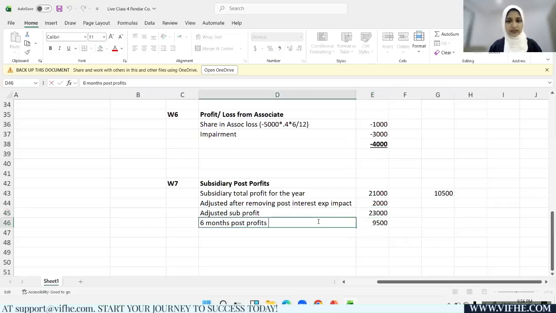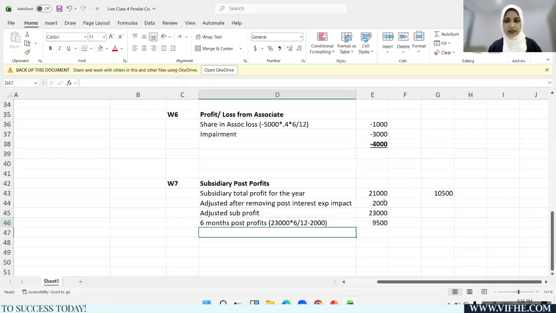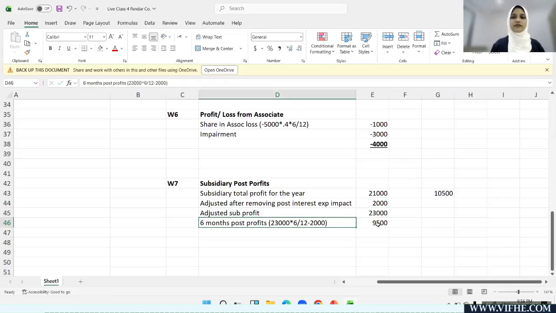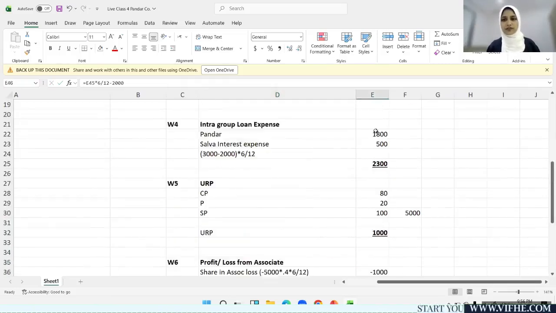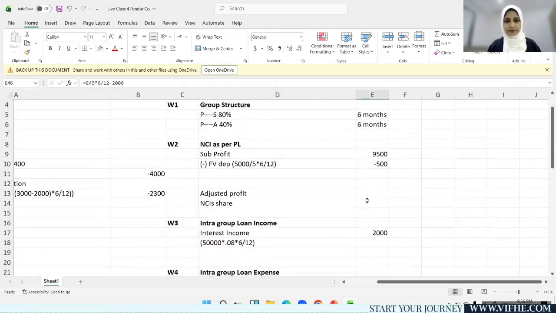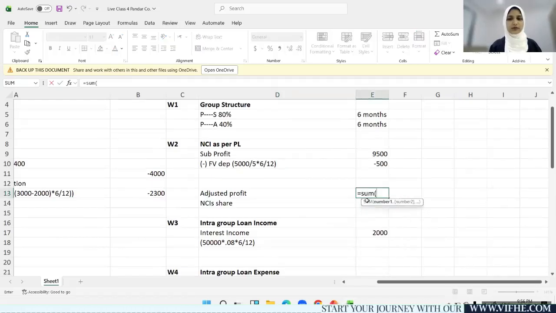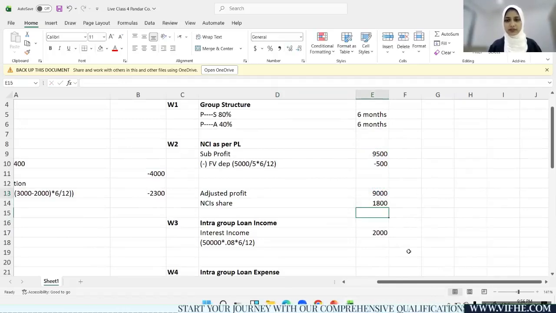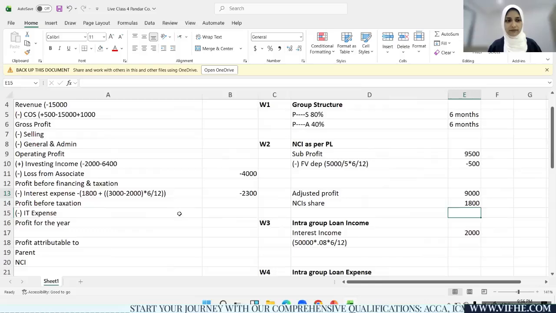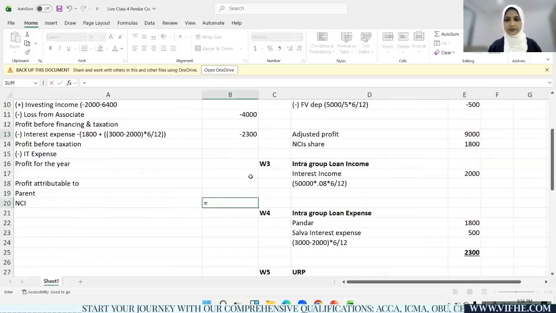So when you do 23,000 into 6 by 12, this is fine, but you now have to do the minus 2000, the 2000 that you added back earlier, specifically from post profits. This is how I did it. So I'll get my adjusted profit now. And from this, I'll take the NCI share, which is going to be 20%. So the NCI share in your P&L will come here, on the face of the P&L.